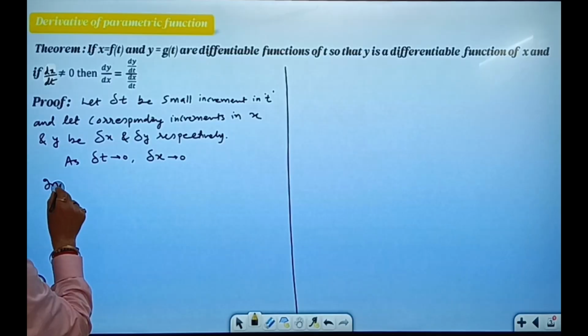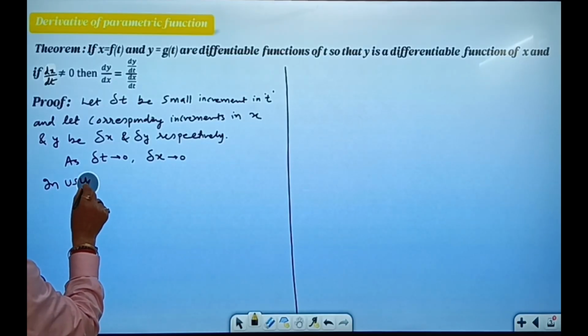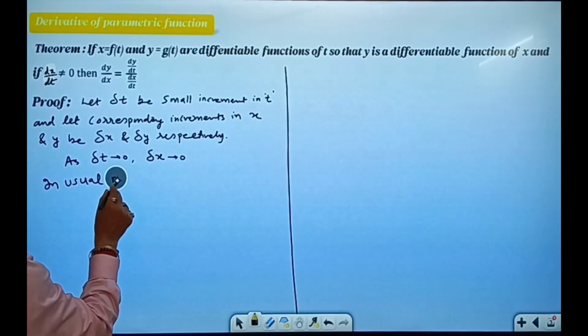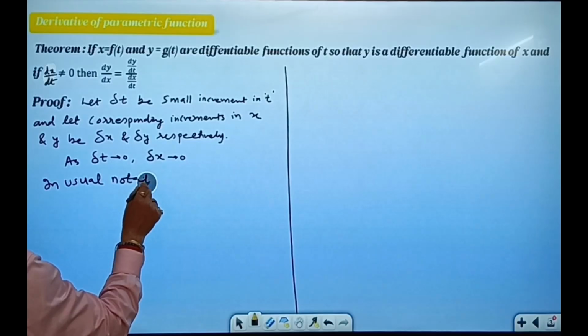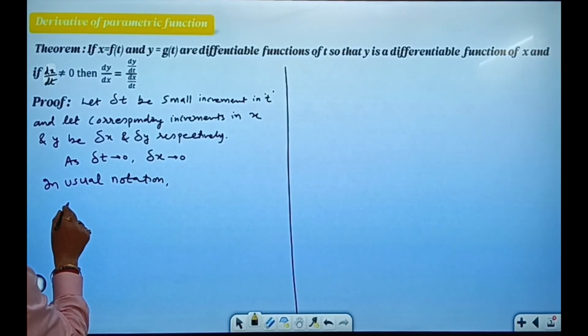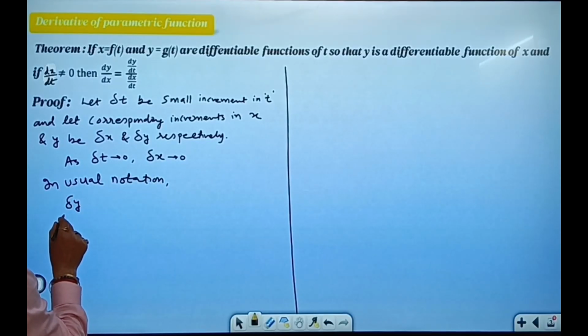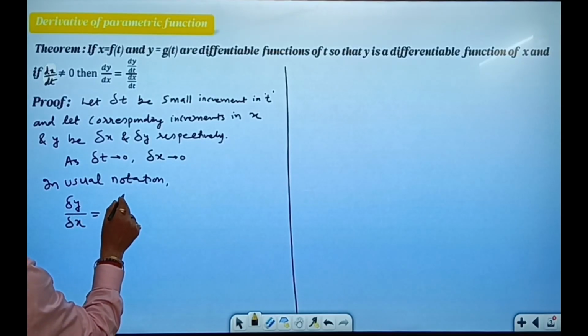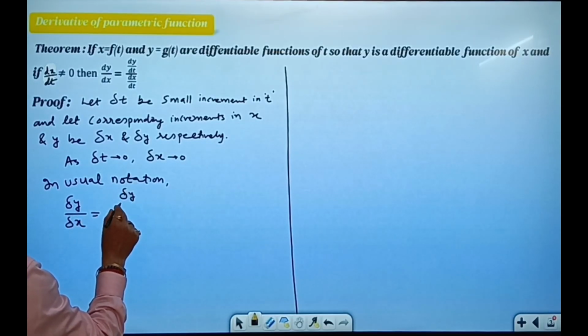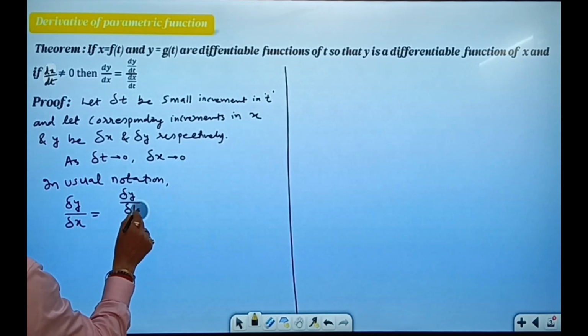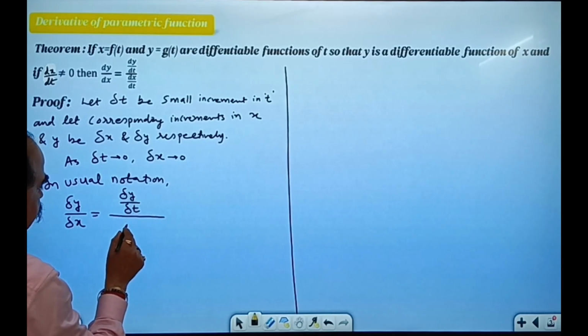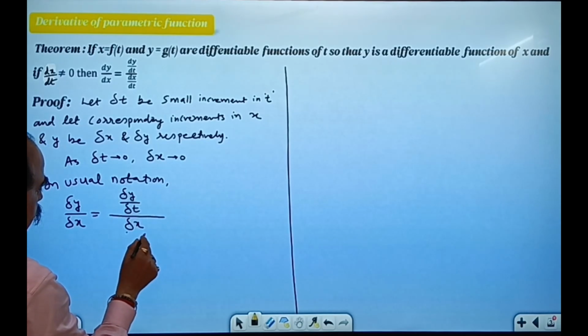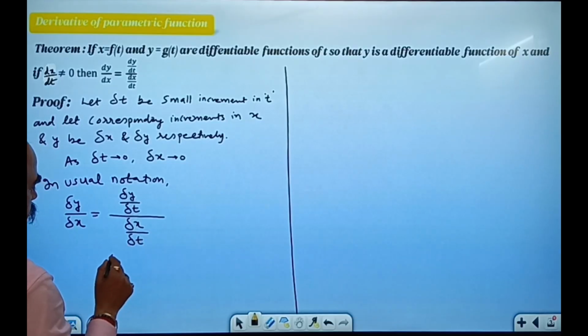In usual notation, delta y by delta x is what? Delta y by delta t upon delta x by delta t.